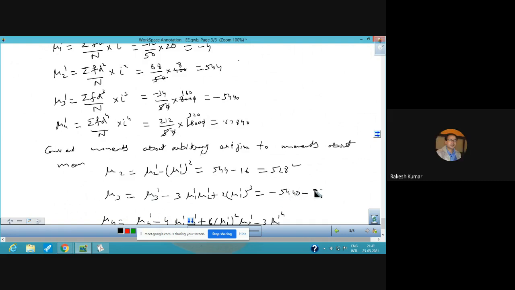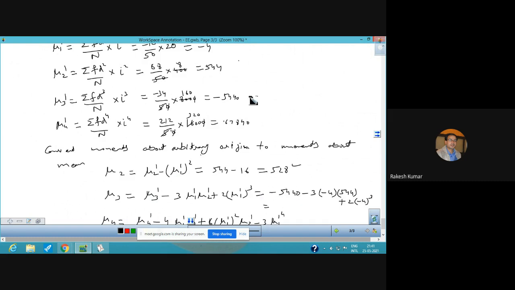So minus 3 into minus 4 into mu2 dash is 544, and the last one is plus 2 times mu1 dash whole cube, so minus 4 cube. So we have to use this.